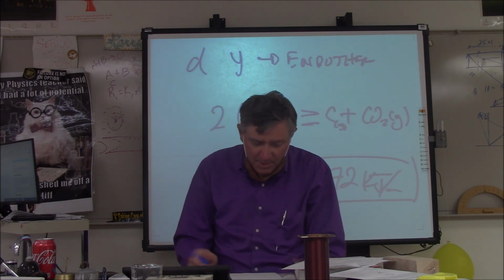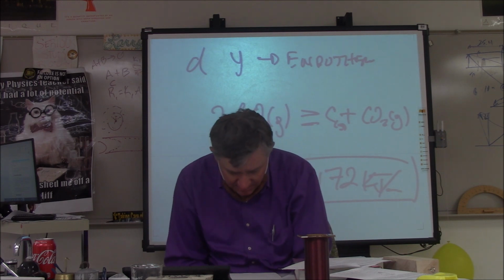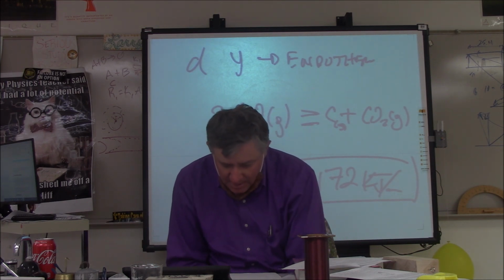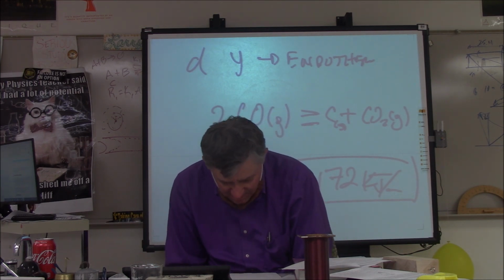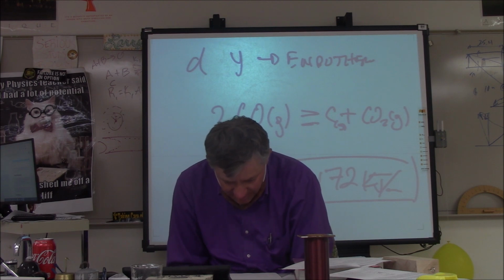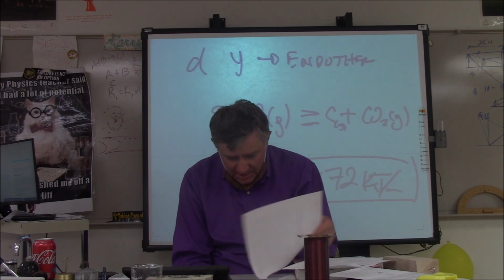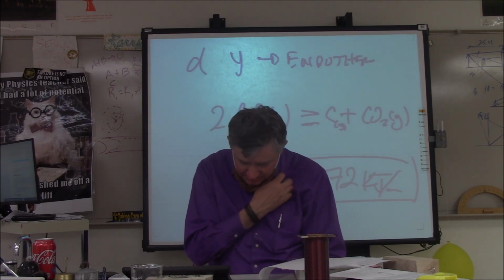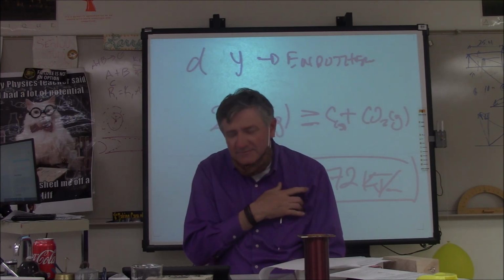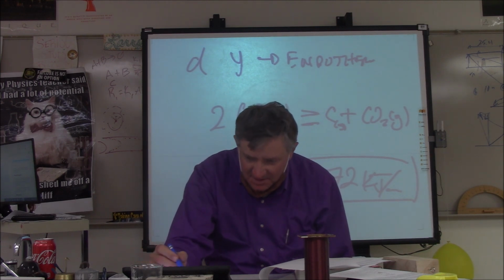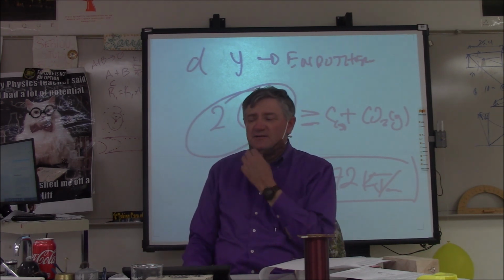Then, on part 3, a sealed glass container contains carbon monoxide, a small amount of carbon. As the reaction occurs, as the temperature is held constant, will the pressure in the reaction vessel increase, decrease, or remain the same? So, what'd you get on that one, Ben? I didn't get to that one. Okay, well look at this. It goes back to this idea.